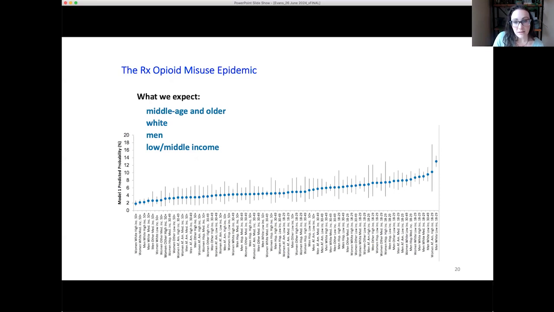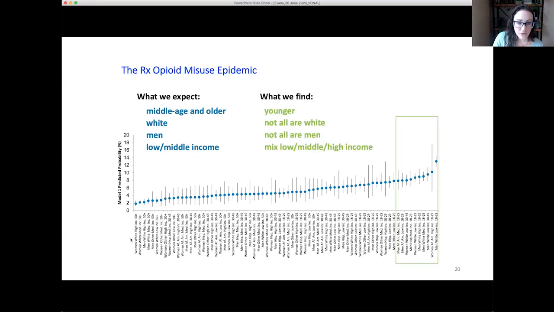What do we see when we look at it intersectionally? So all I've done here is plot the predicted probability. So what percent of people are predicted in each of these strata, the labels of which are very tiny down here at the bottom, ranked them low to high. So our top 10 groups that are the highest risk, what do we see? Well, actually, they skew younger. Certainly not all of them are white. Not all of them are men.